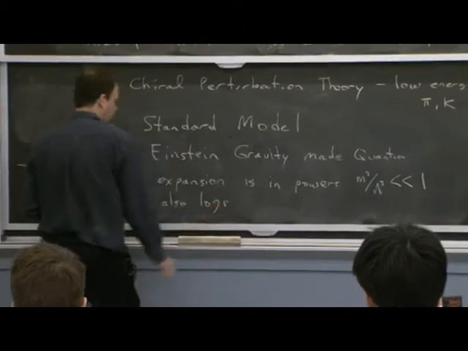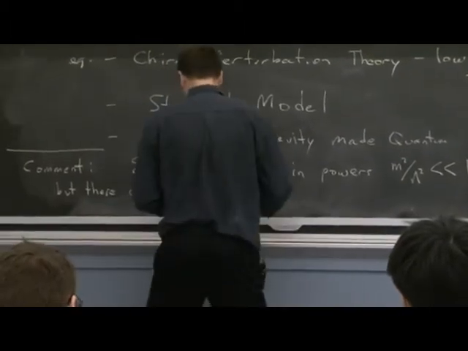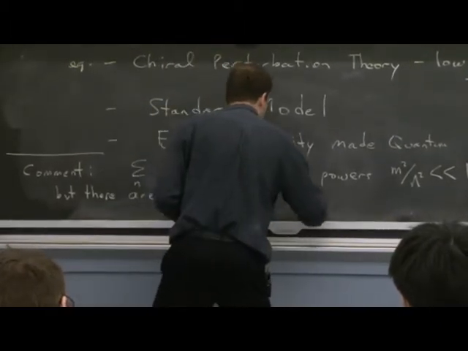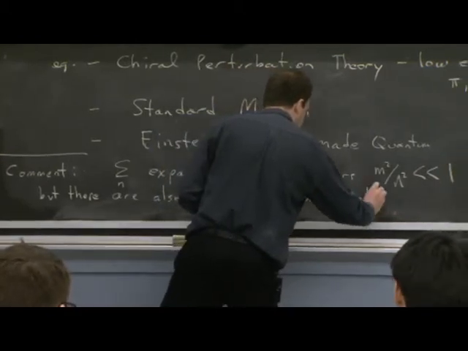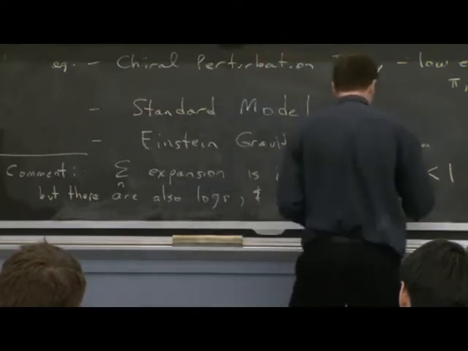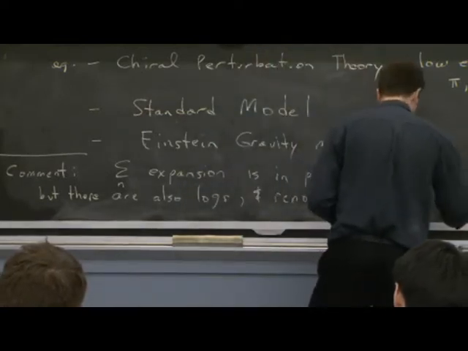So it's not always powers. There's also logs that show up. And this comment that I made about ultraviolet divergences in the low energy theory can actually help you to understand those logarithms.